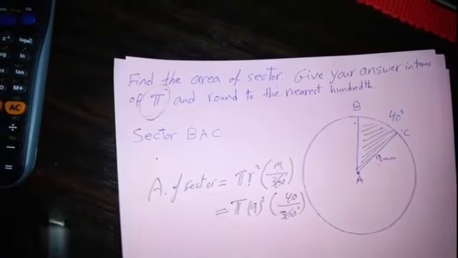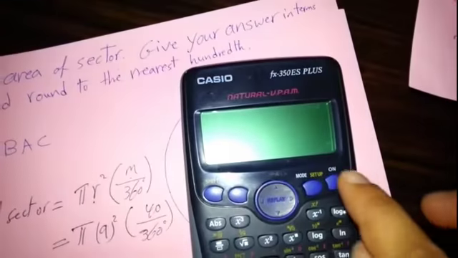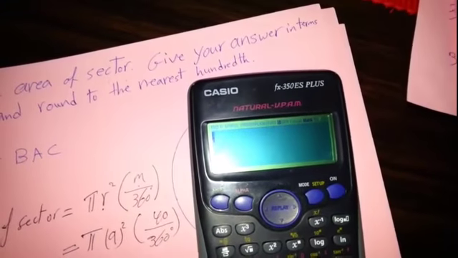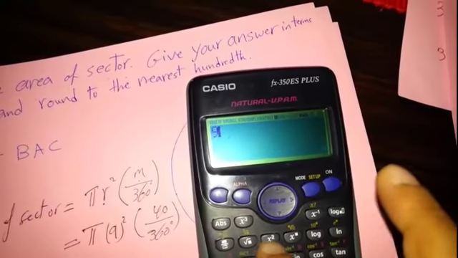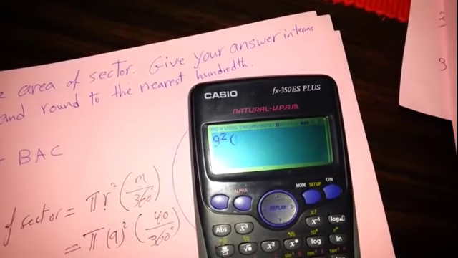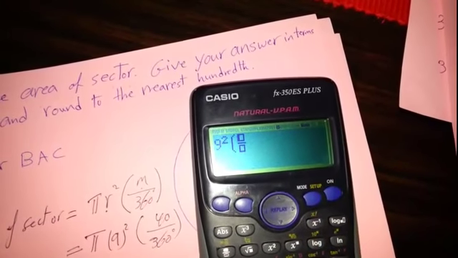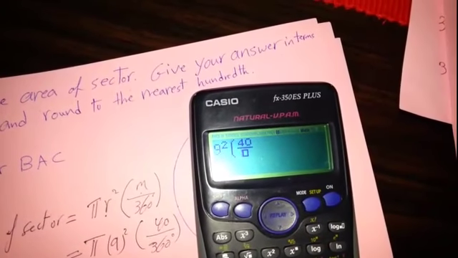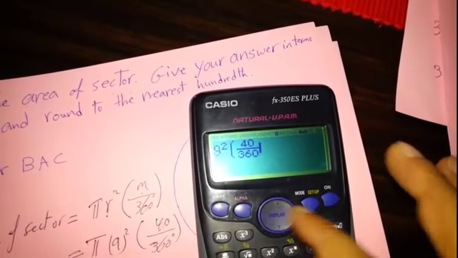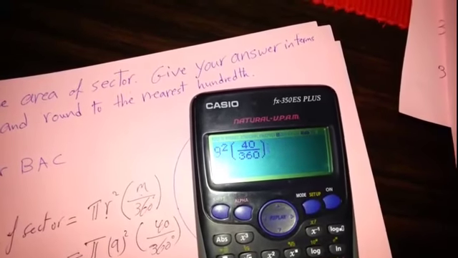Now you will do this on your calculator. Forget about pi. Just write 9 to the power 2 in brackets, times the fraction 40 over 360, close the bracket.